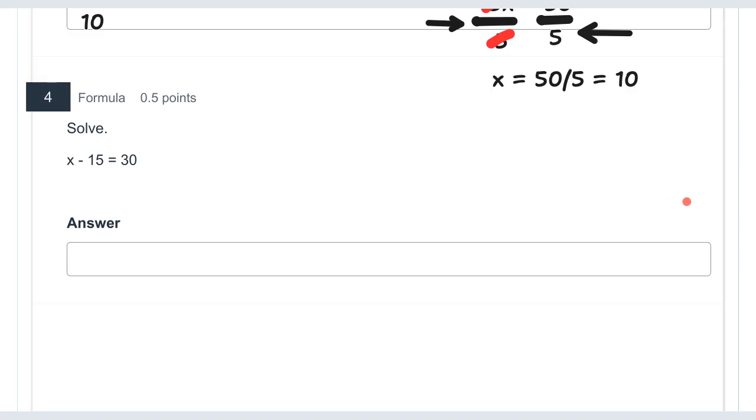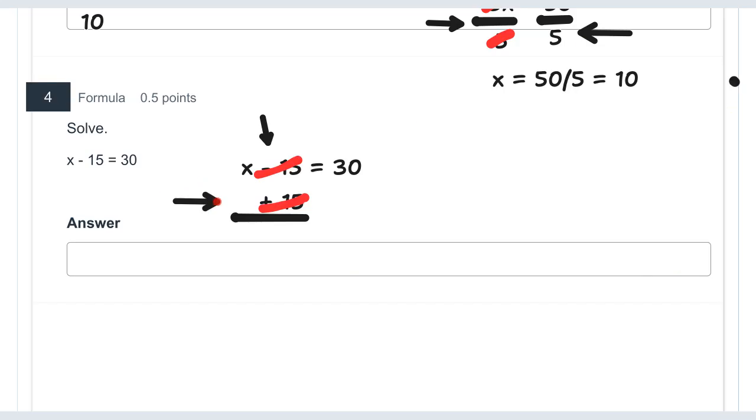Number 4, x minus 15 is equal to 30. To get the x by itself on this side here, since I have minus 15, to undo that, I have to do plus 15 on the left-hand side. And when I do plus 15, these guys go away, which is exactly why I chose 15.